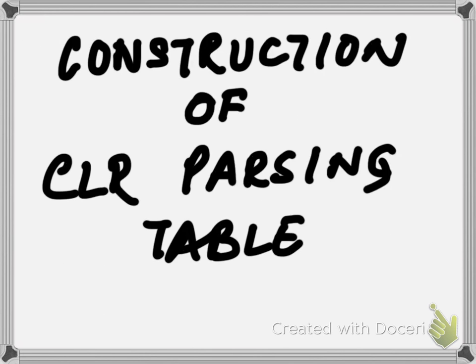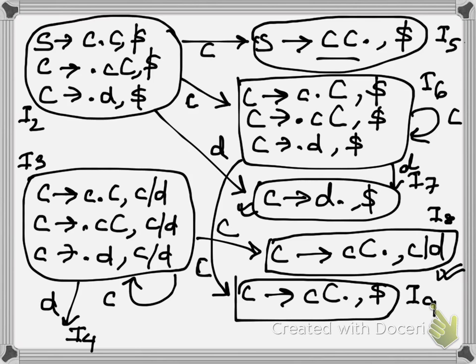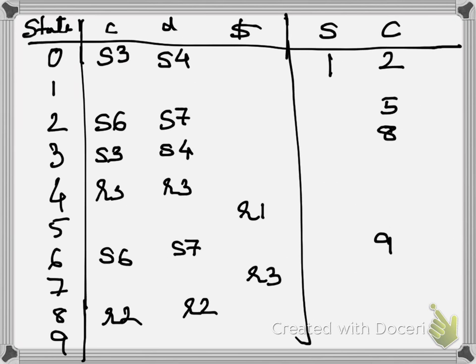And finally, the last item I9. So 9 would be again reduce 2 but under dollar. So the reduce moves, we are now restricting it only to the symbols that appear in the look ahead for that particular final item.